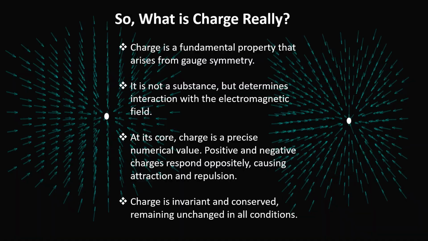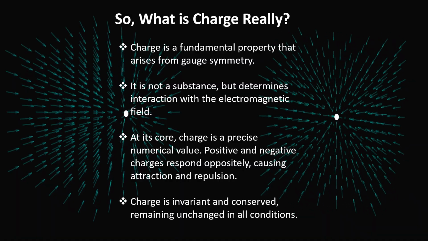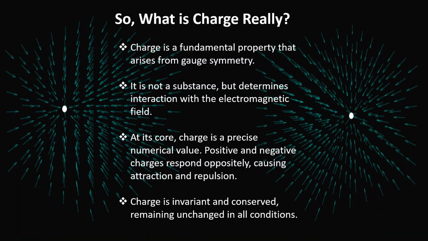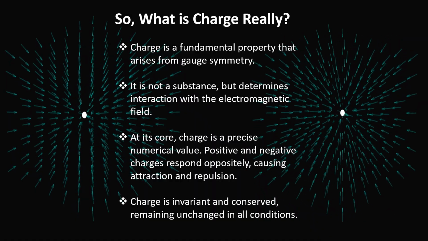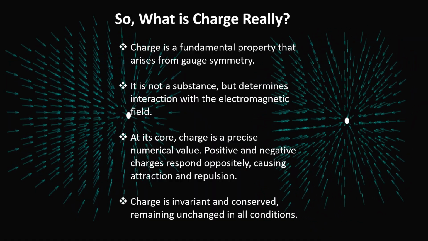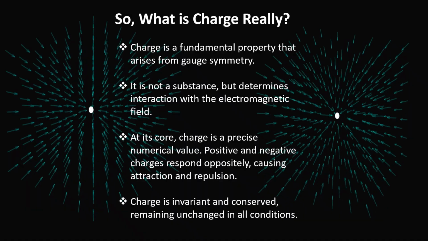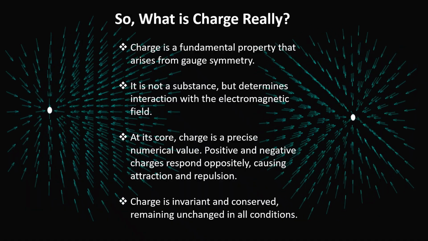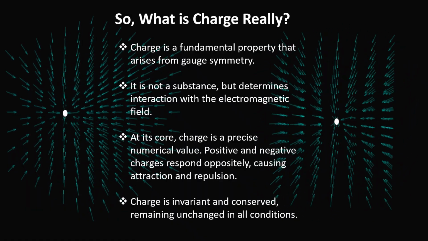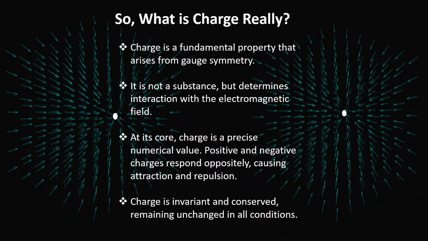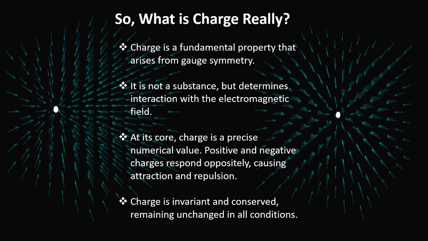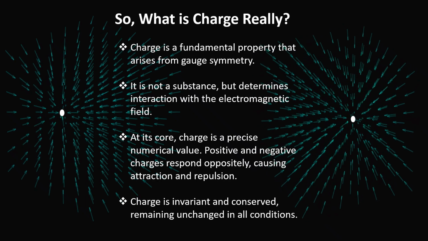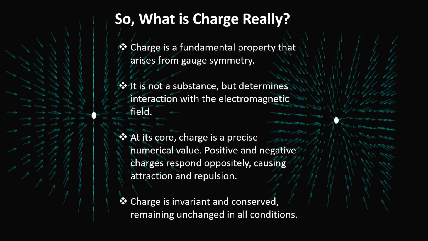Neutral systems, on the other hand, show no net phase response, either because they carry no charge or because opposing contributions cancel out. Most importantly, charge is invariant no matter how a particle moves. Even as it approaches the speed of light, its charge remains exactly the same, reinforcing its role as a fundamental and unchanging property of physical reality.